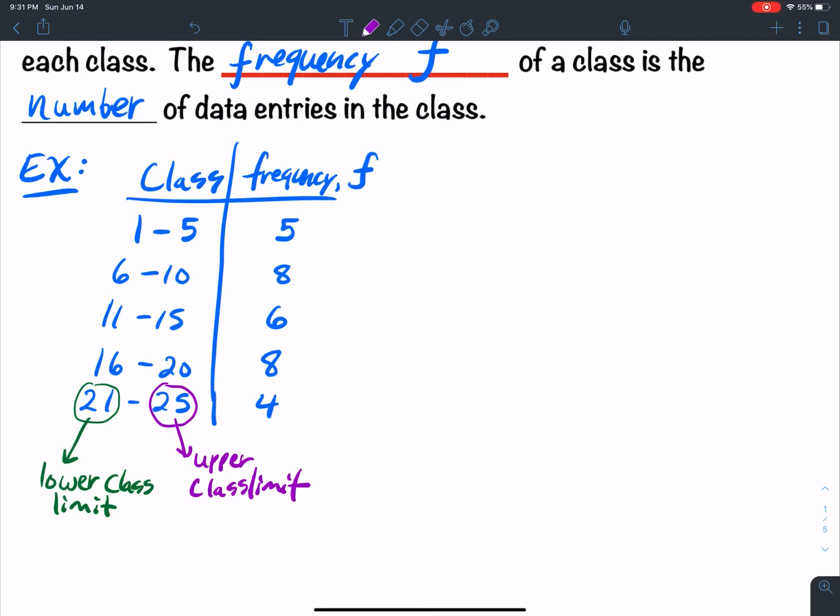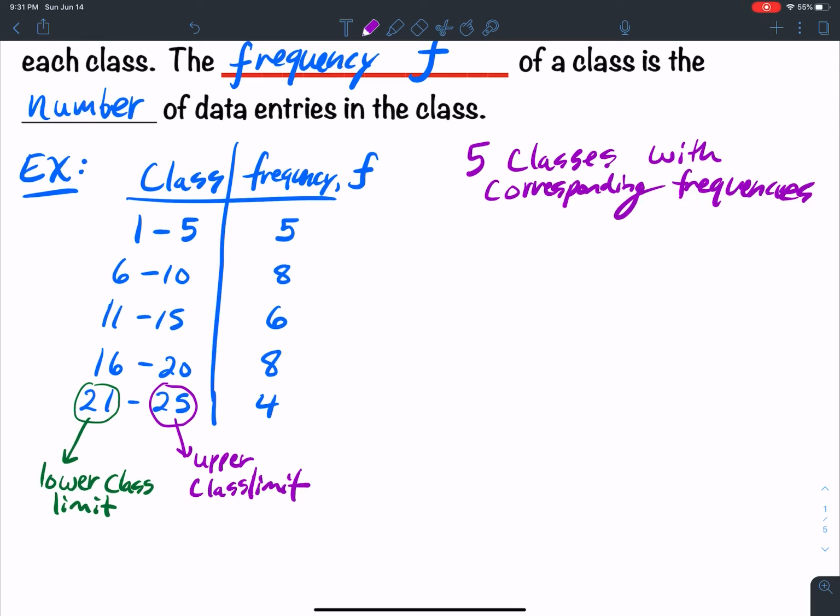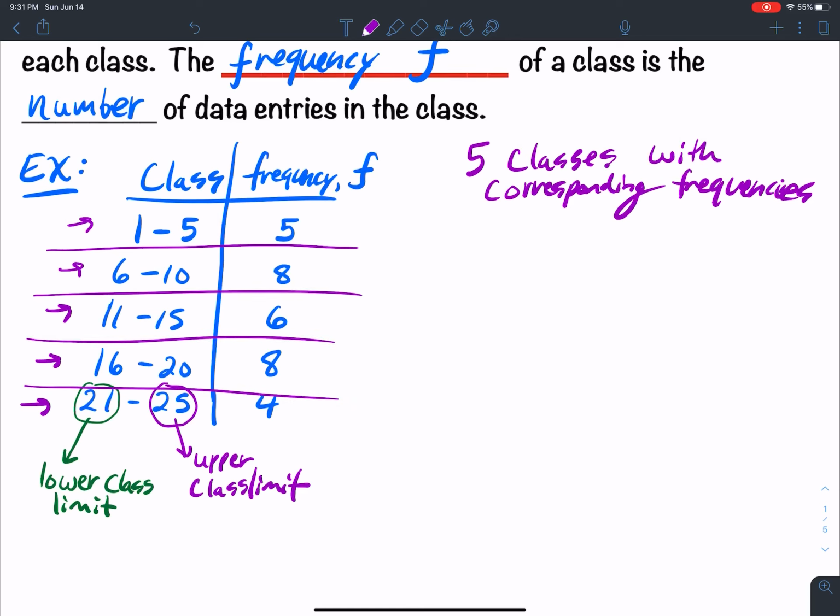All right? So this particular frequency distribution has 5 classes with corresponding frequencies. Okay? 1, 2, 3, 4, 5. Those are the 5 classes. Okay?